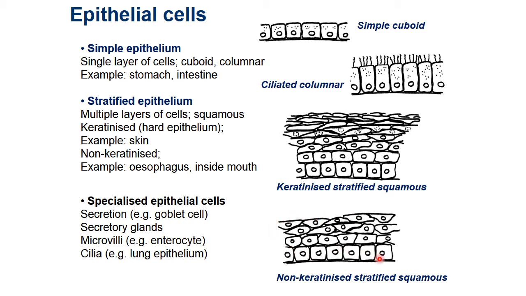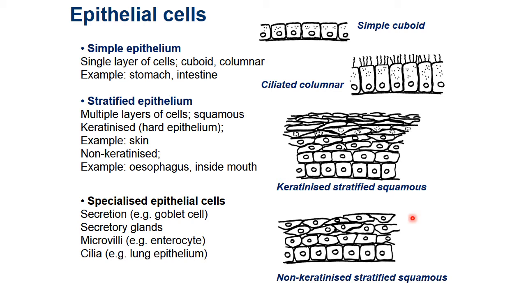Non-keratinized stratified squamous epithelium does not contain these outer layers of dead cells, and this type is, for instance, found in the inside of the mouth or the esophagus. Now, in addition, you can find specialized epithelial cells.